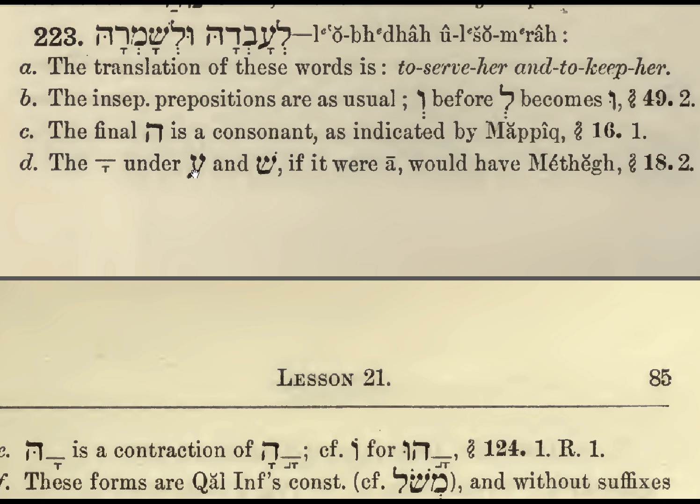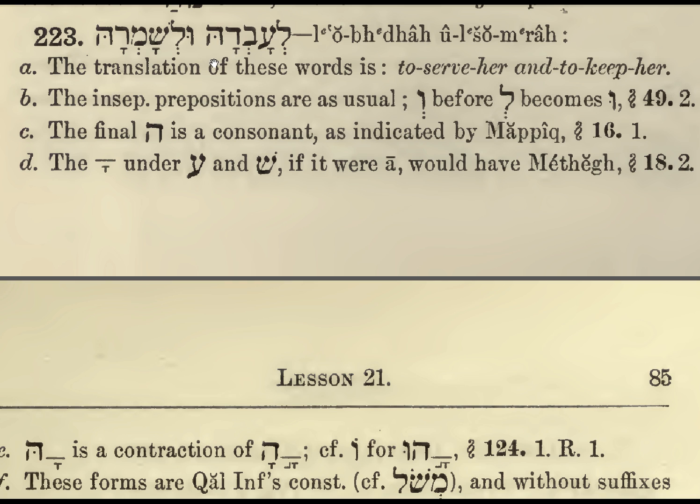Notice here, under the ayin and the shin, as we pointed out before, if it were a, there would be a metig here, but there's no metig, so the syllable has no stress at all, and so it's a short vowel.